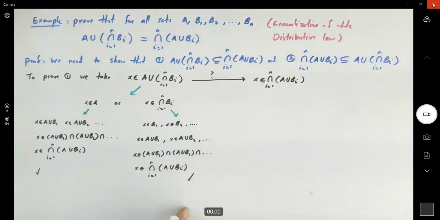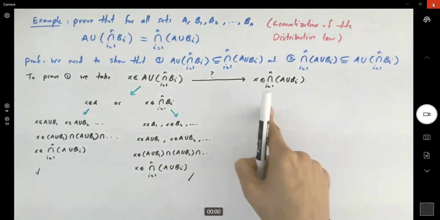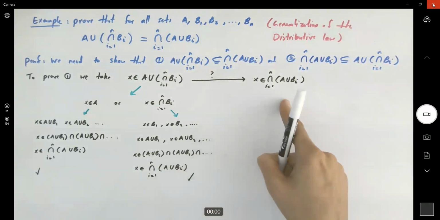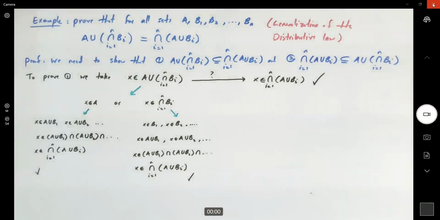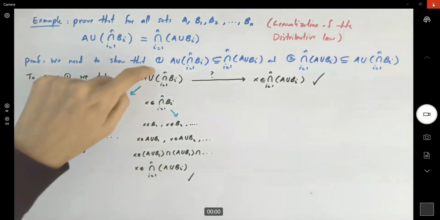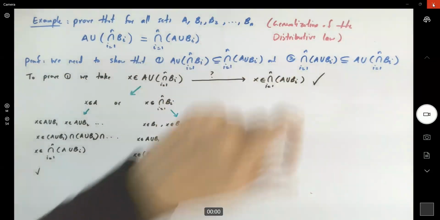So in either case, we show that x lands in the intersection of A union Bi's. So we're done with 1. How do we prove 2?